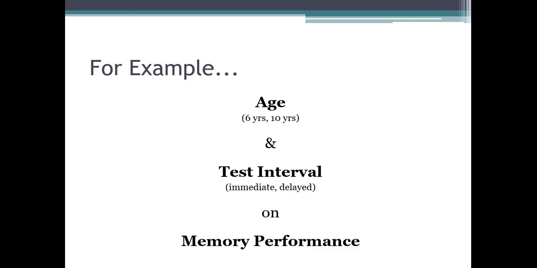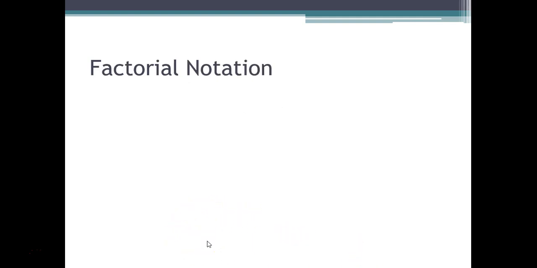So we have two factors, right? Age and test interval. They each have two levels, age of 6 and 10, immediate or delayed. And the dependent variable is memory performance.